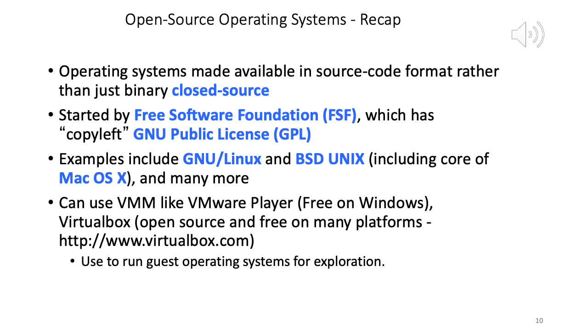Okay. So examples of open source software include Linux and Unix, even Apple's Mac OS X, whose kernel is open source, and many more. You can use a virtualization manager like VM Player or VirtualBox to run guest operating systems for exploration.